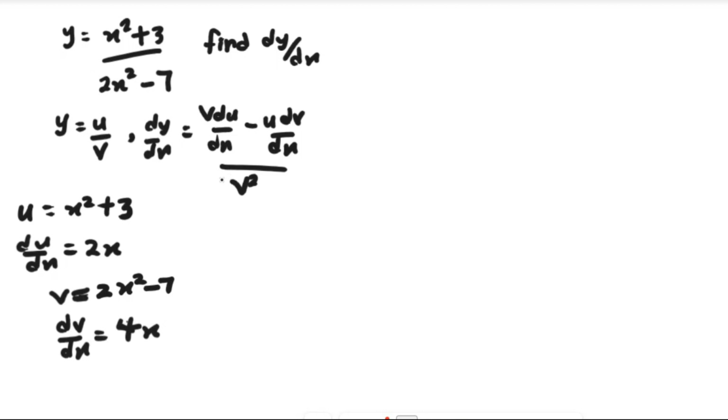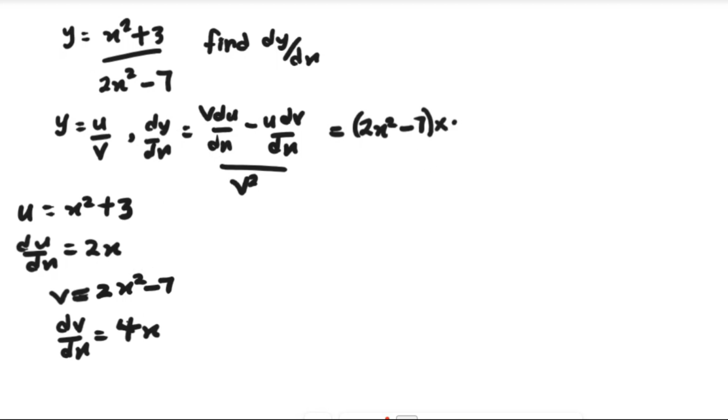So using the quotient rule formula, since our dy/dx is equal to (v du/dx minus u dv/dx) divided by v squared, and our v here is 2x squared minus 7, we have 2x squared minus 7 being multiplied by our du/dx. Oh, sorry, our du/dx is not x squared plus 3, our du/dx is 2x.